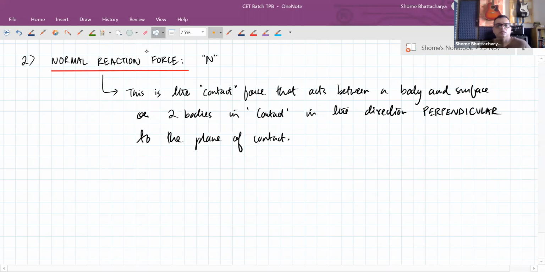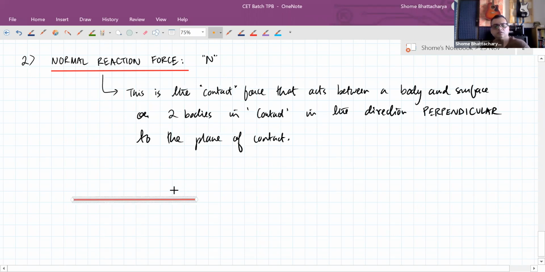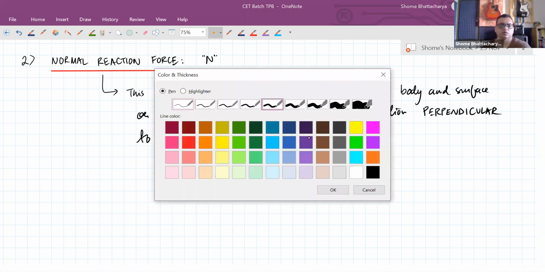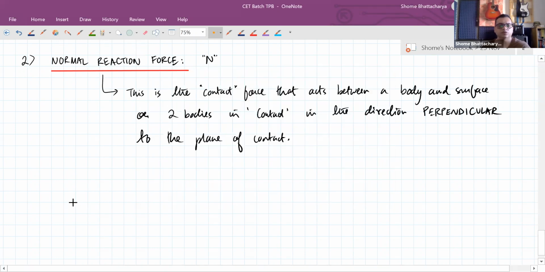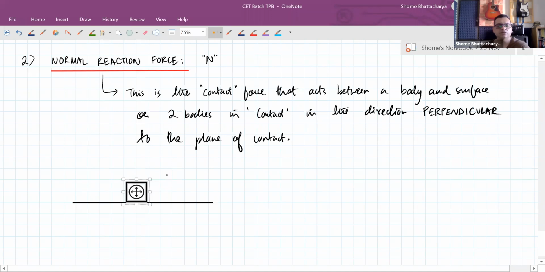Okay. So very similar to the example we had seen earlier for the action reaction principle, when I had explained to you how a body lying on a horizontal surface applies a downward force on it, and the surface applies an equal and opposite upward force on it. So that type of force, that is basically a contact force that acts when an object is in contact with the surface, is given a specific name, and that name is normal reaction.